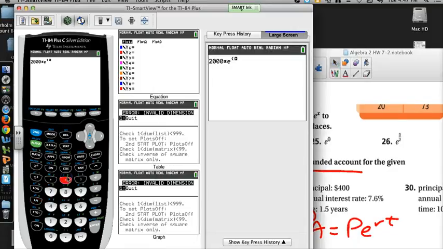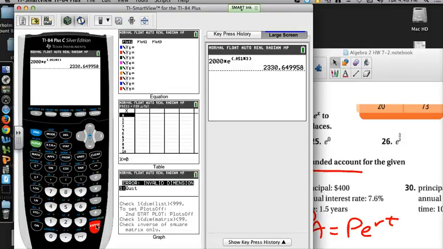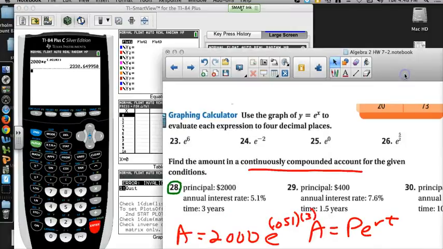So I want to use parentheses for that, so that the calculator knows, hey, that is all part of the power there. And there it is. We want this in dollars and cents, $2,330.65.